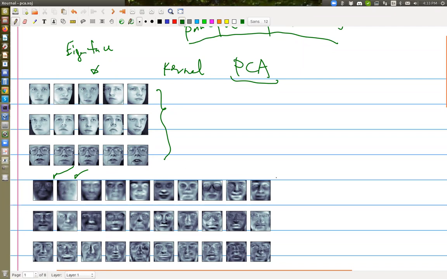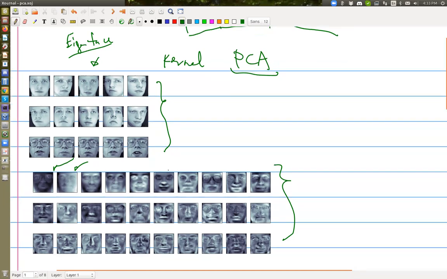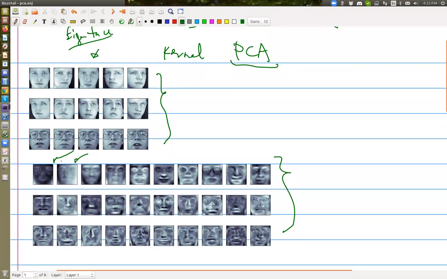Then you can use these as features to do classification. For example, eigenfaces can be used for face recognition. I can have a face coming in and project it onto these different eigenface components. The projected coefficients will be the features basically. For example, I have this input face here.